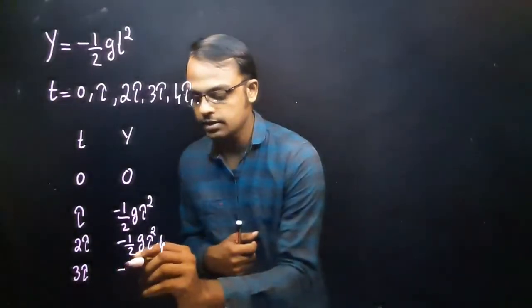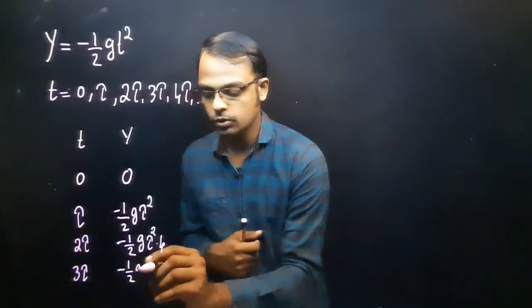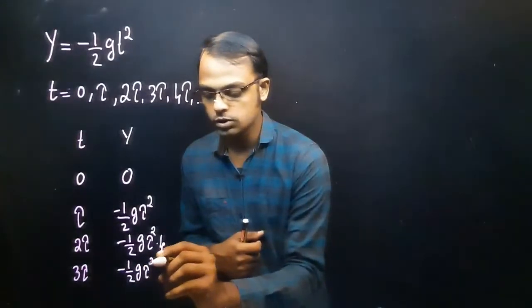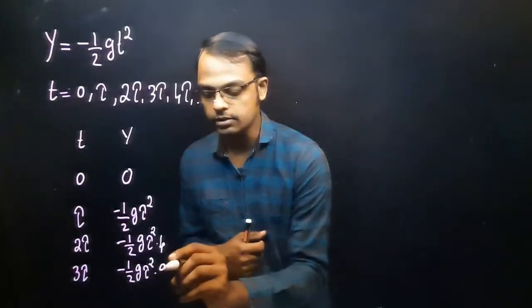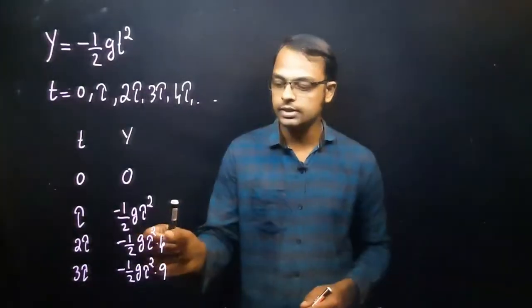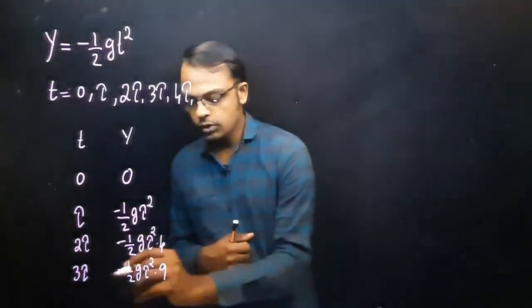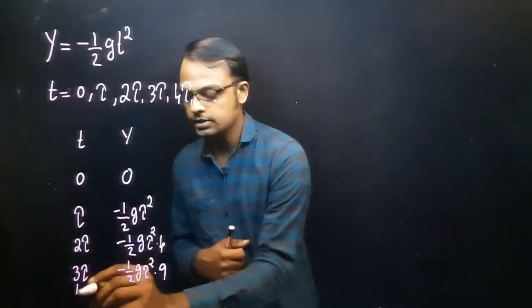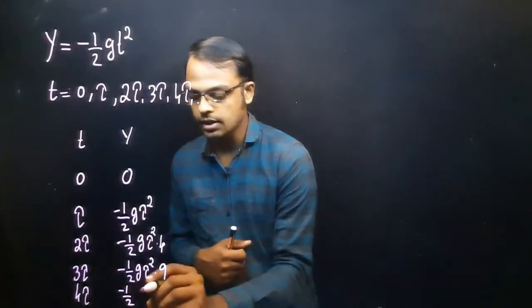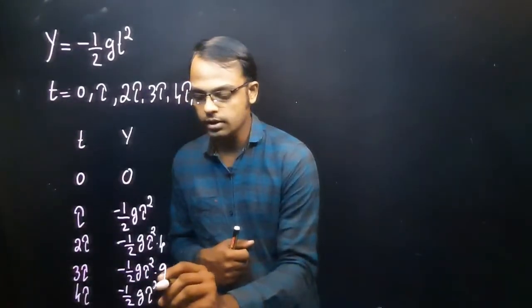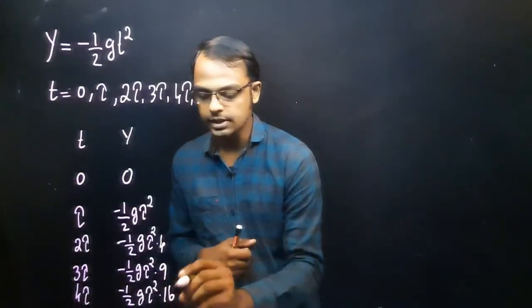So minus half g tau square into 9. When it is 4 tau, the equation becomes minus half g tau square into 16.